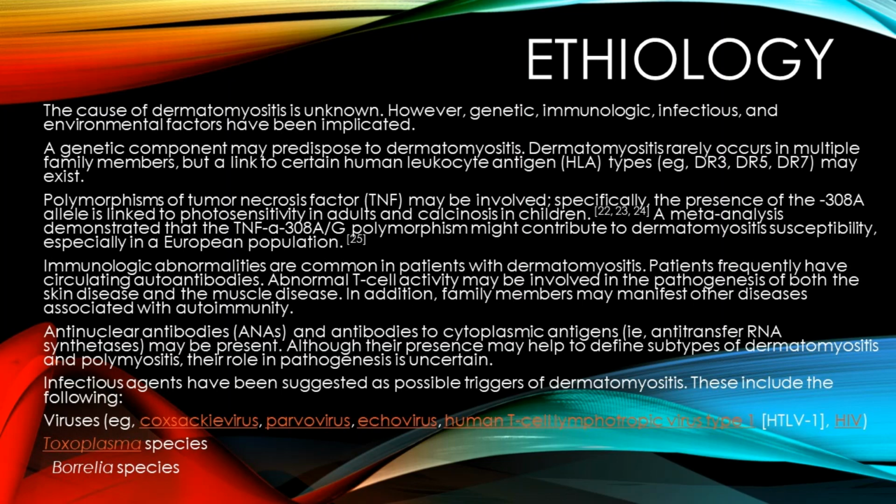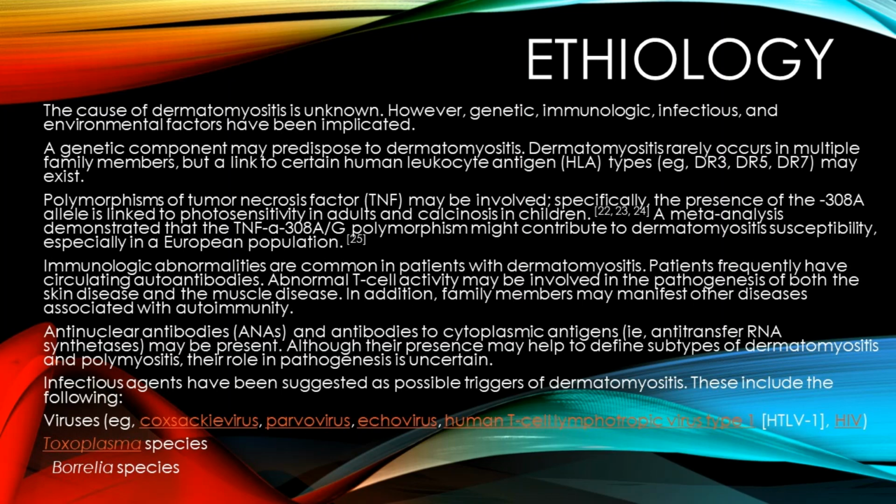Immunologic abnormalities are common in patients with dermatomyositis. Patients frequently have circulating autoantibodies against the cytoplasm or nucleus. Abnormal T-cell activity may be involved in the pathogenesis of both the skin disease and the muscle disease.